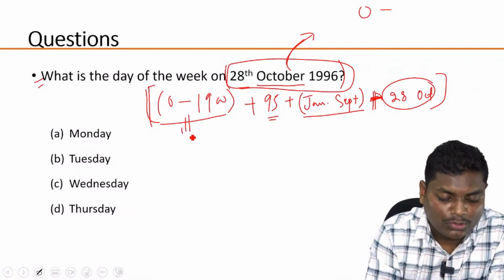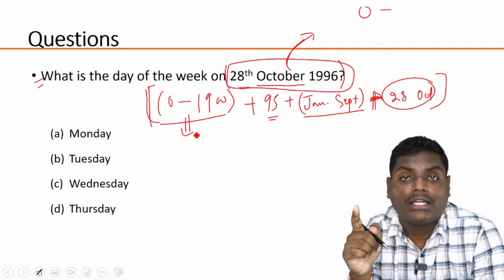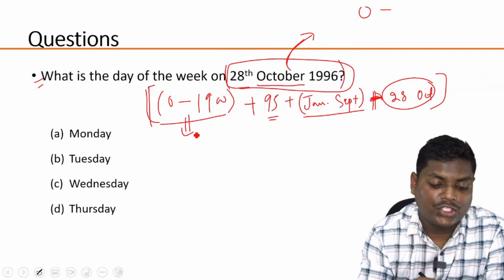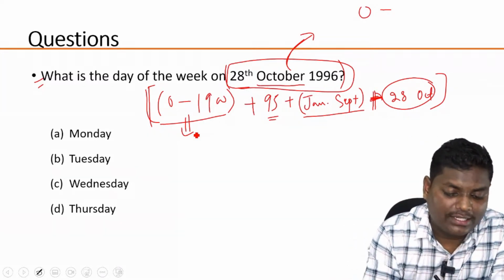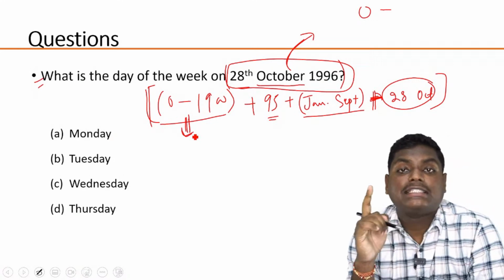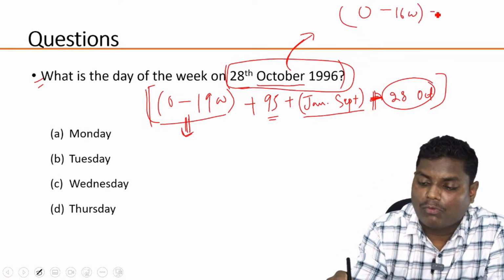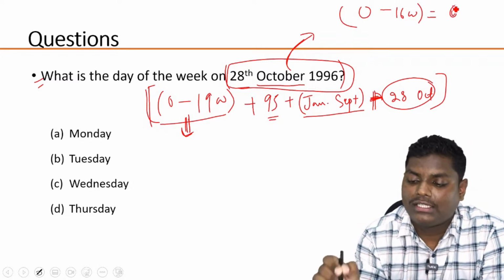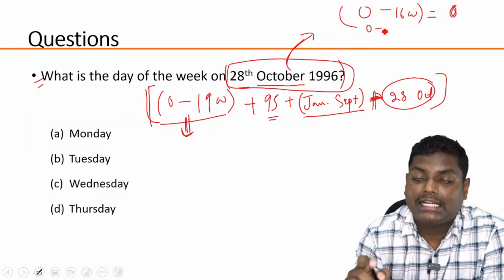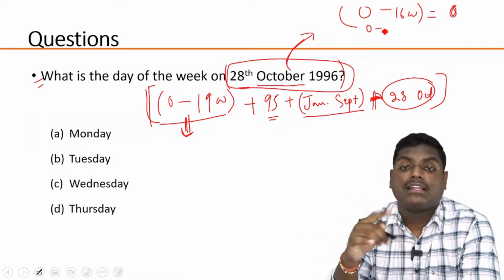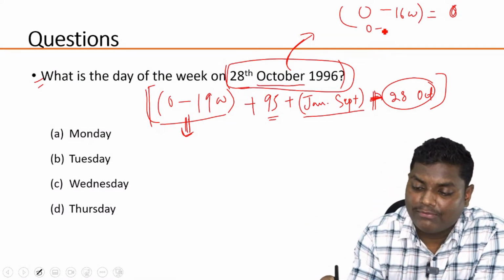Okay, so what is the number of odd days in 0 to 1900? Try this out. We know for 0 to 1600, the number of odd days is 0. For each 100 years, we know that the number of odd days is 5.